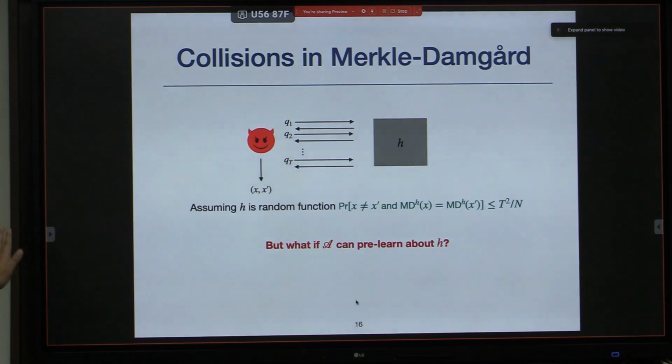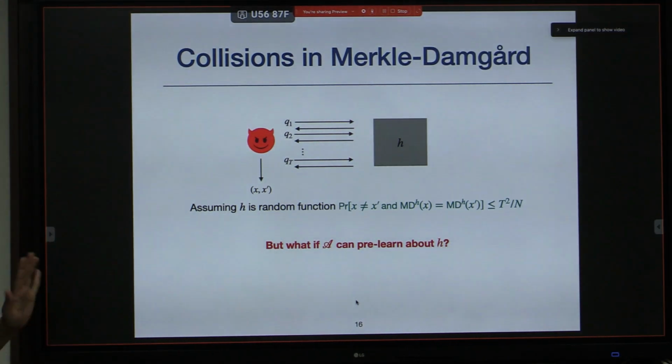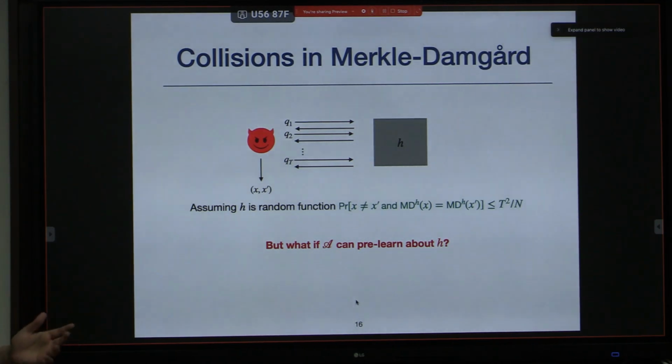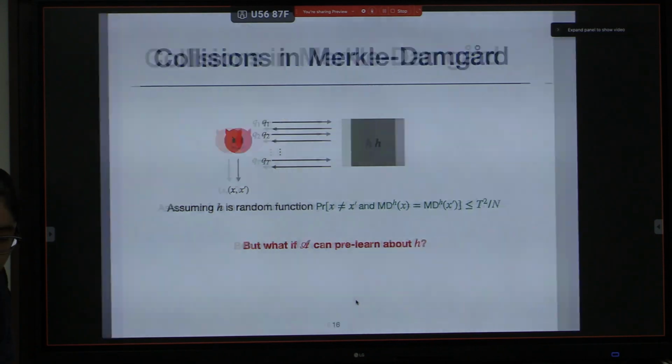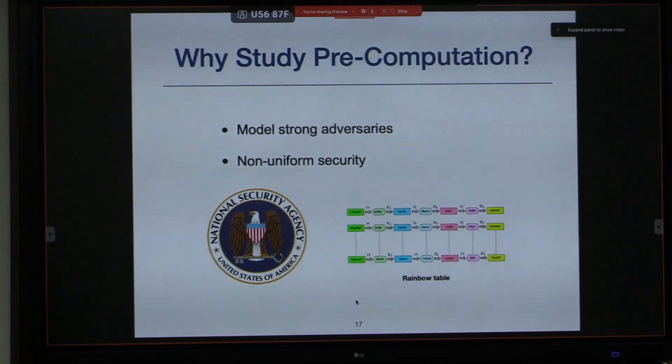But here we are assuming that this adversary did not know anything about this compression function beforehand. But it can learn something about the compression function beforehand and use that to do better, right? That's why we study pre-computation.